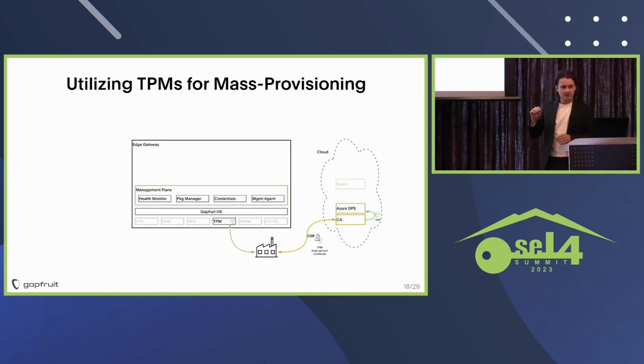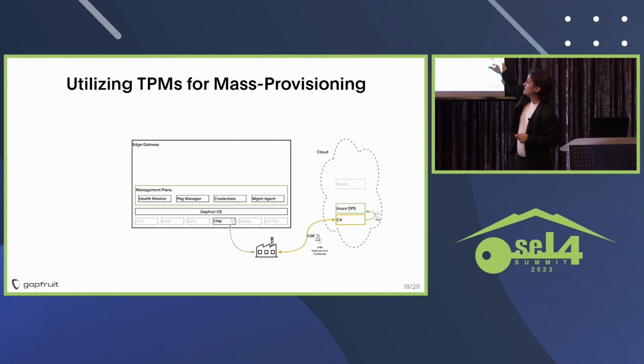So I'm going to now talk about how this process works in terms of physical provisioning before we ship the devices. Here you see the CA issuing a root certificate for a group of devices, a cluster, or a customer. We import this root certificate to Azure DPS.